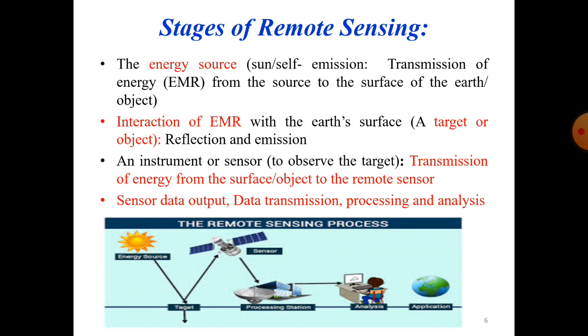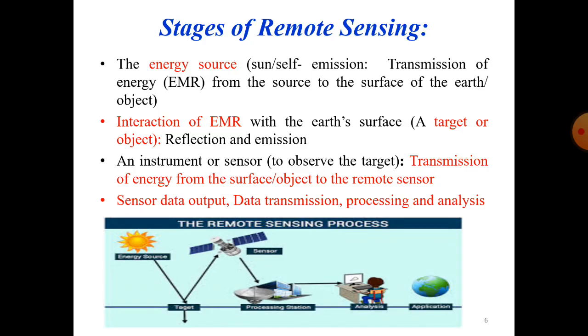The second step is the interaction of EMR with the objects. Here, the source of energy emits EMR that will strike the object. Some of the EMR energy gets absorbed by the object and some energy gets reflected back.